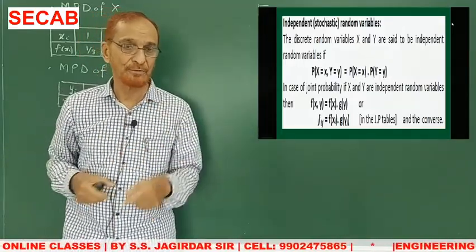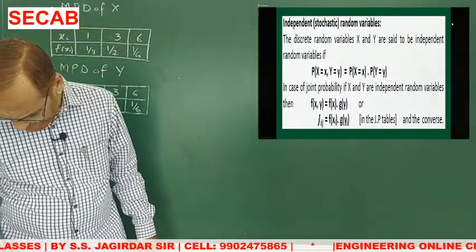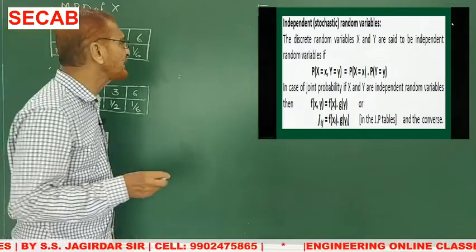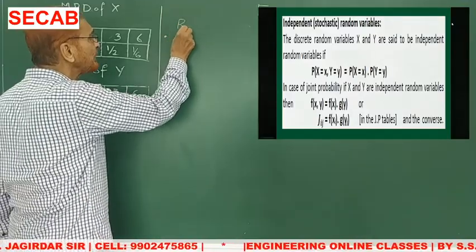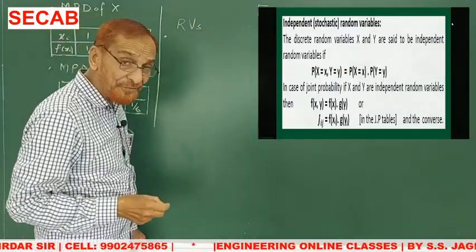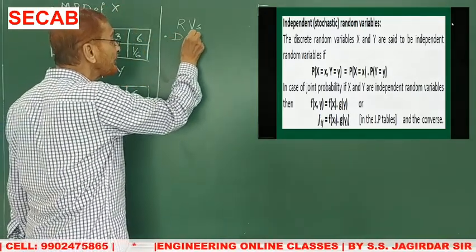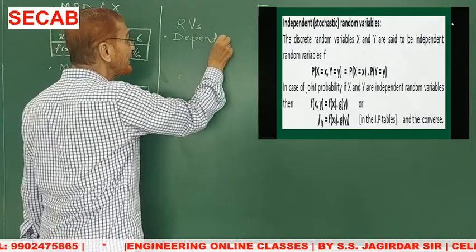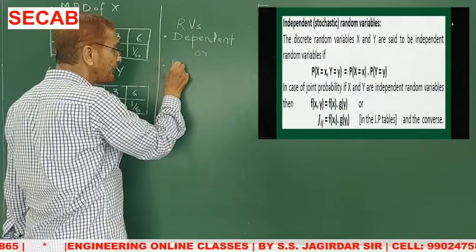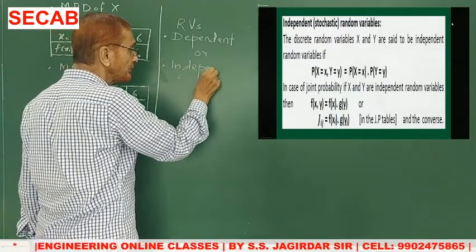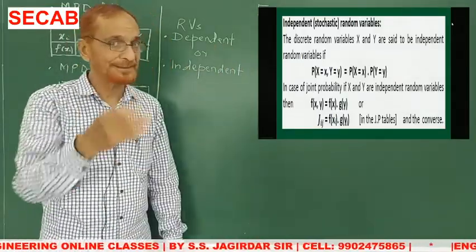That is the question we are going to discuss here. So there are two types of things we will accept: the random variables defined for any random experiment may be dependent, or they may be independent. Dependent we will forget for some time.